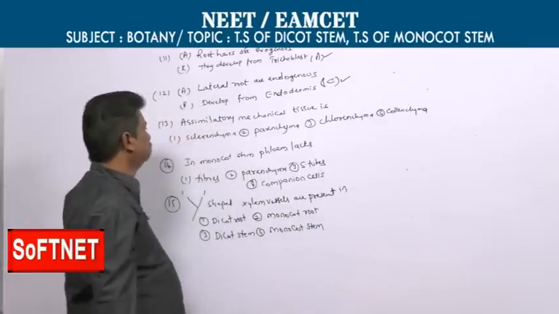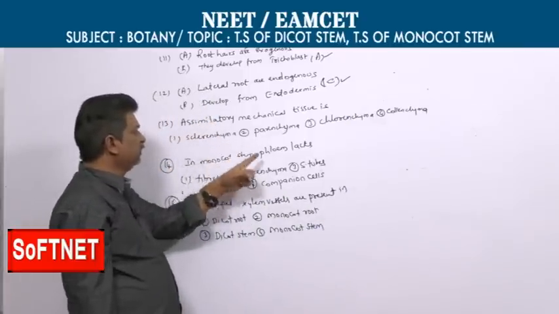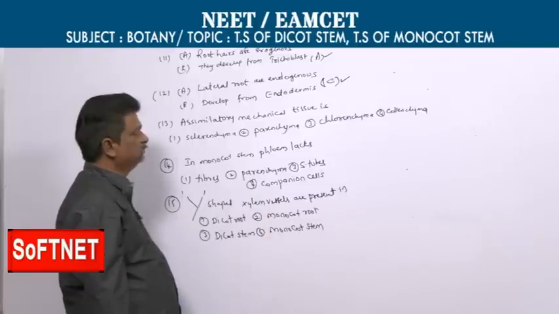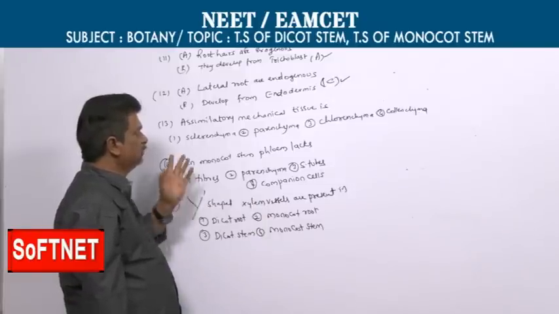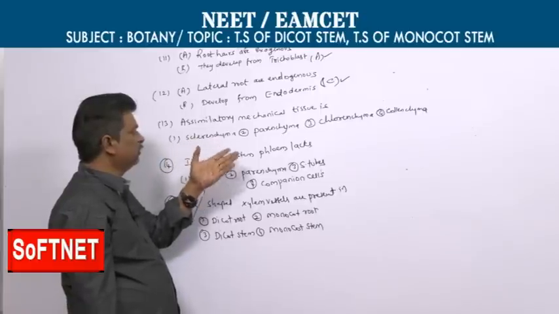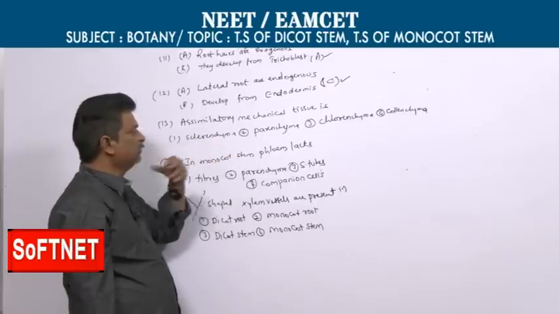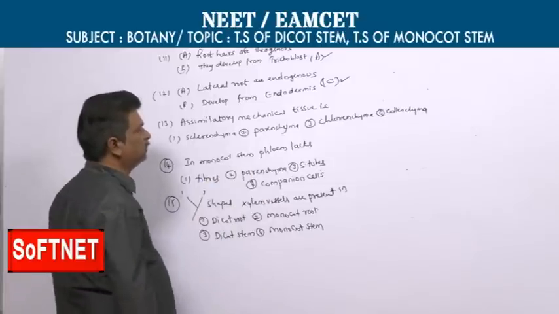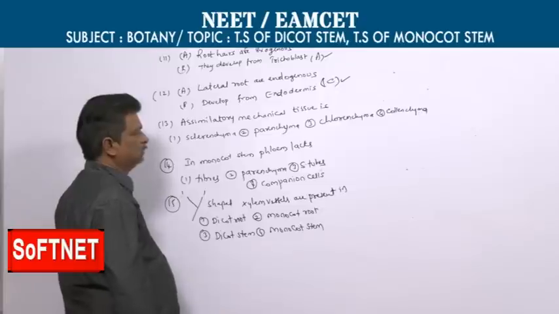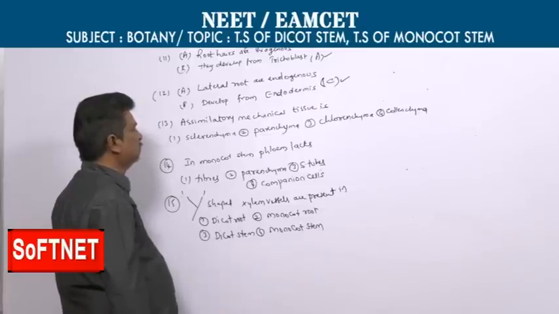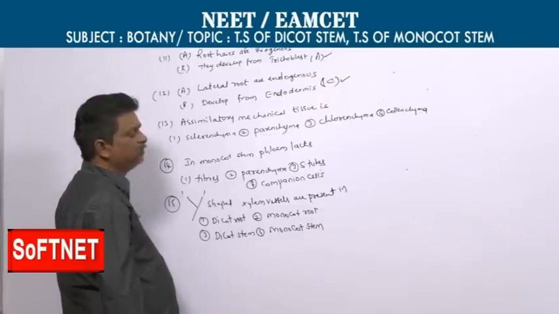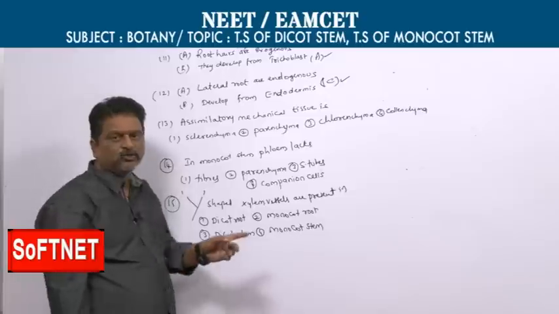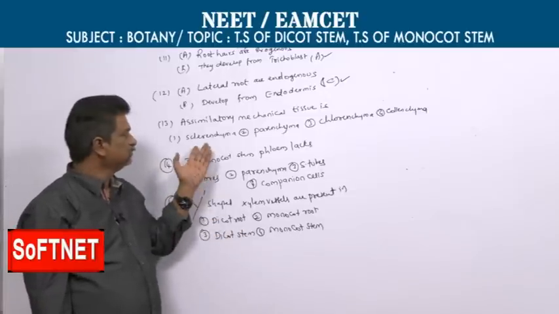C. Then, assimilatory mechanical tissue. Actually, simple tissues are three types: parenchyma, collenchyma, sclerenchyma. Parenchyma is non-mechanical tissue, right? Then sclerenchyma is dead tissue. Dead tissue does not perform photosynthesis.